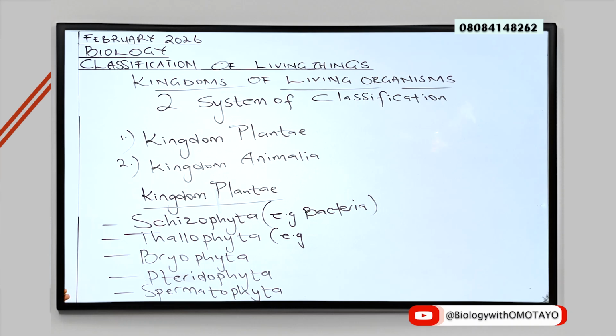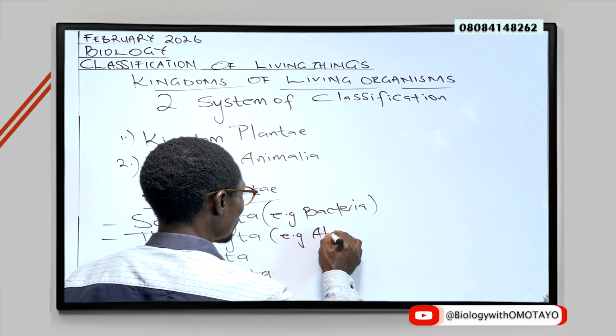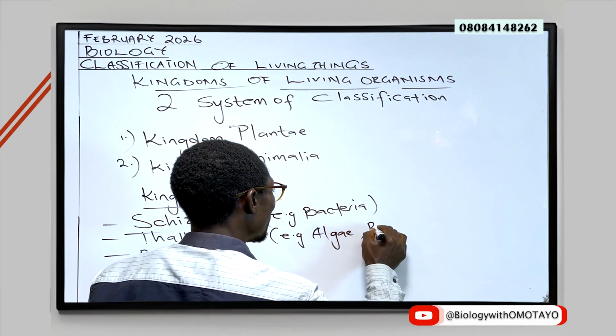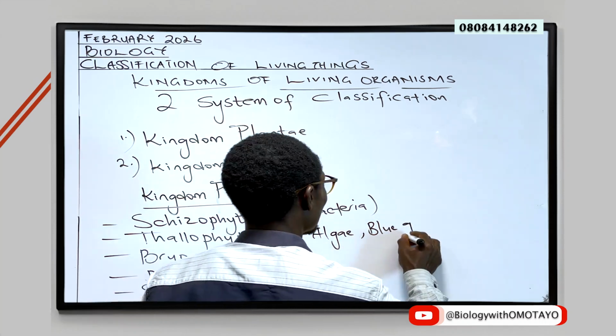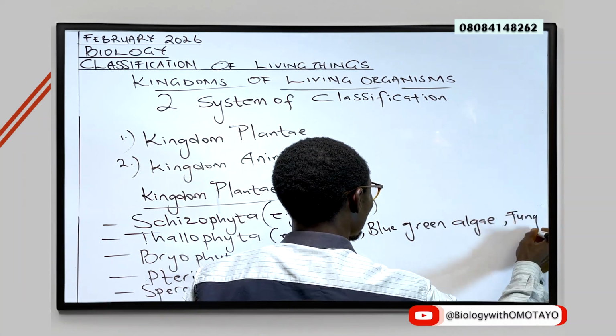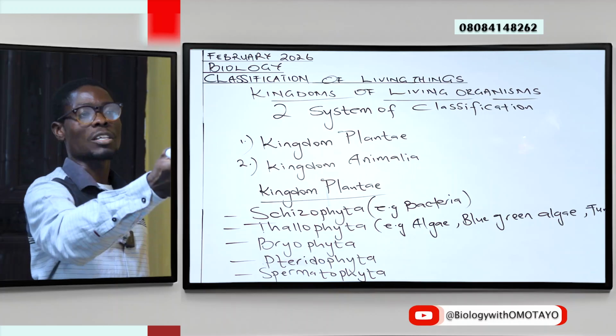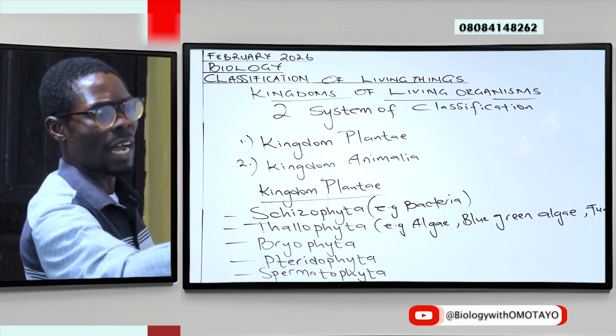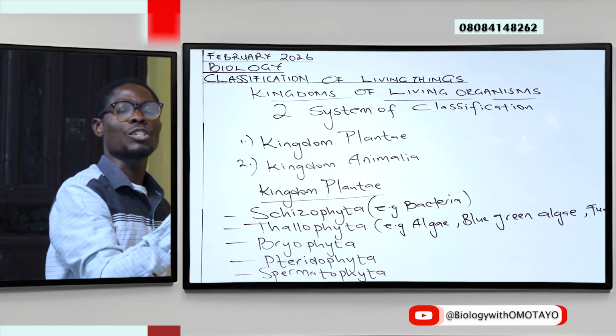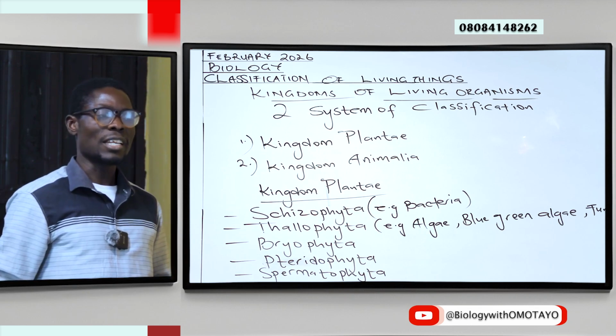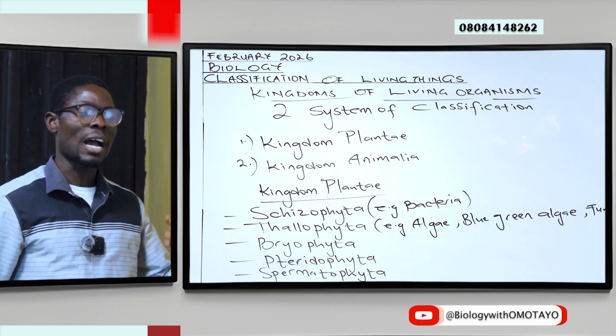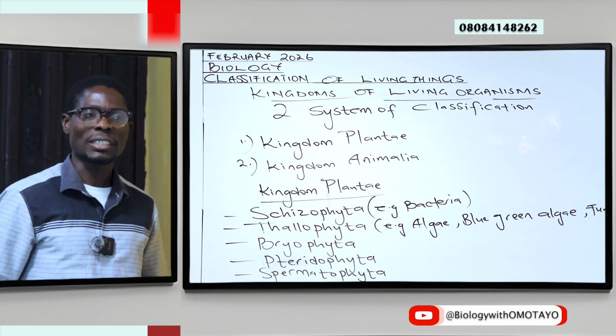So this was the grouping that was brought about by Carl Linnaeus. Carl Linnaeus used the two-kingdom system of classification. As I said, for your Thallophyta, that's where we have the algae, the blue-green algae, and fungi. Then he went on to bring in the Bryophyta, the Pteridophyta, and the Spermatophyta.